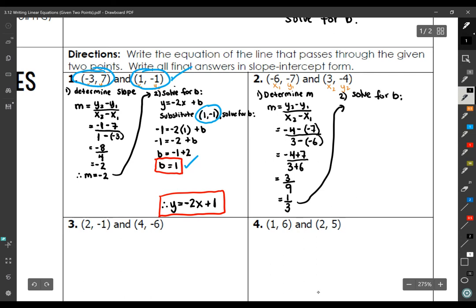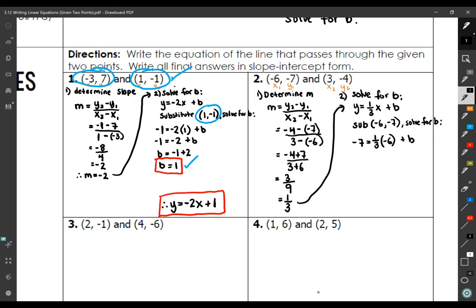Okay, so we know we start with our partial equation, right? We don't know b, and we're going to substitute in one of the 2 points. It doesn't matter. I'll substitute in our first point, (-6, -7), and solve for b. Okay, so -7 is my y value, 1/3, -6 is my x value, plus b.